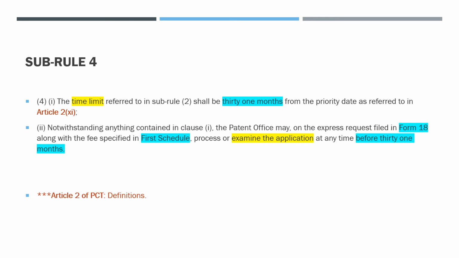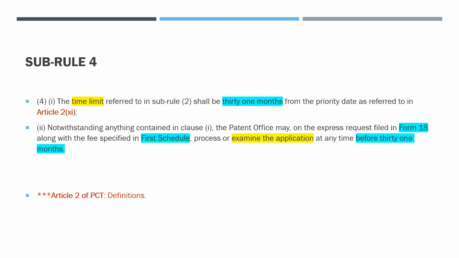Fine. Part 2 of sub-rule 4 or clause 2 says, notwithstanding anything contained in clause 1, the patent office may, on the express request filed in form 18, along with the fee specified in the first schedule, process or examine the application at any time before 31 months.